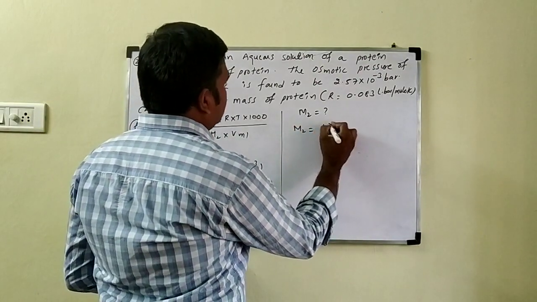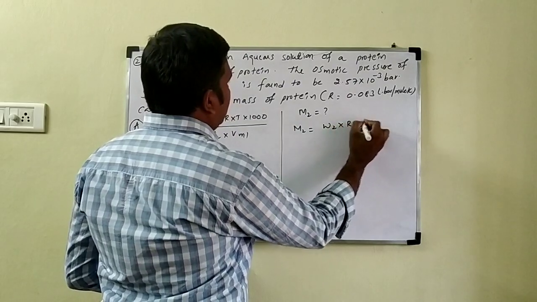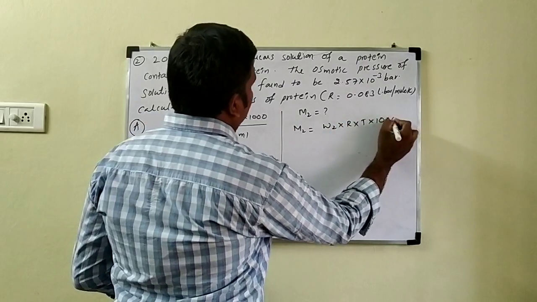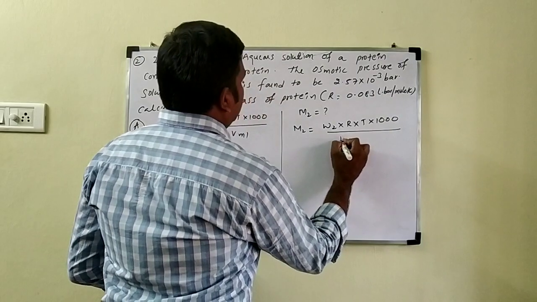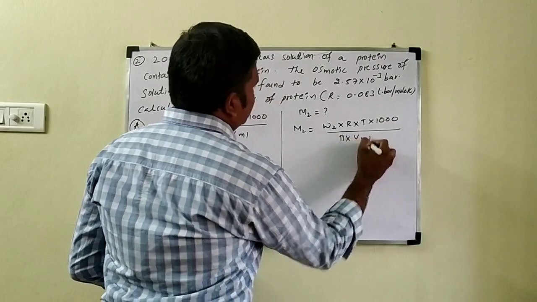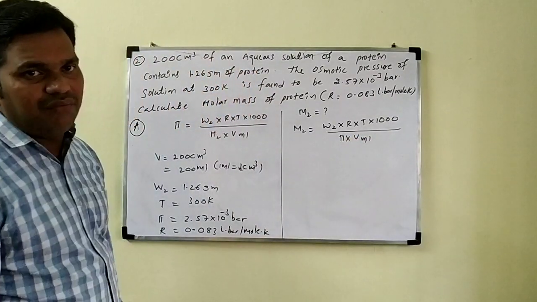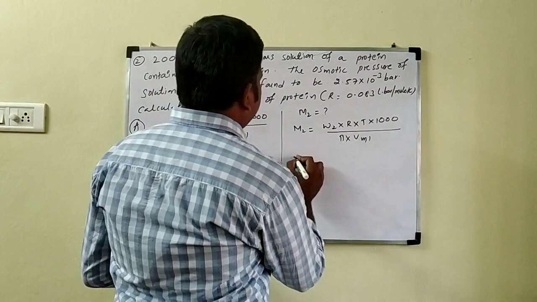M2 is equal to W2 into R into T into 1000 by pi into V in ml. Let us substitute the values here.